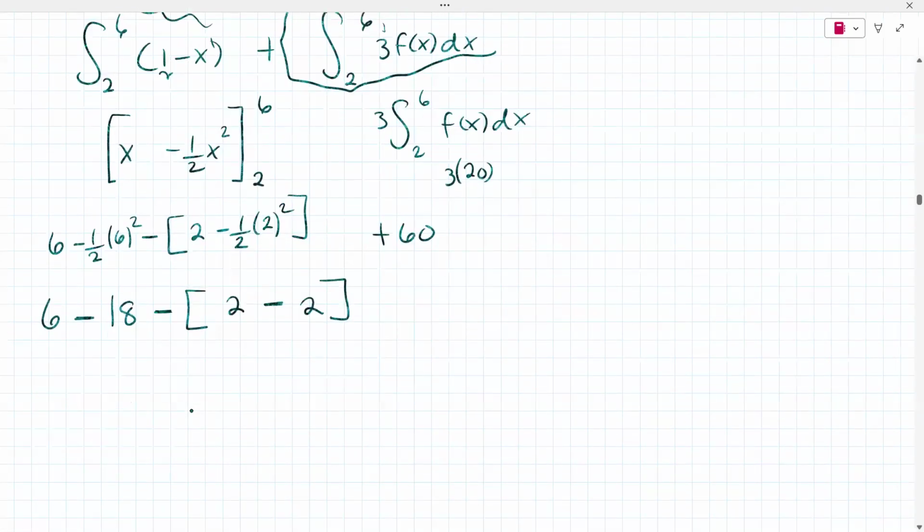And we know that 2 minus 2 is 0. That's easy. And then what's 6 minus 18? Negative 12. Oh, also don't forget the plus 60, which is 48.